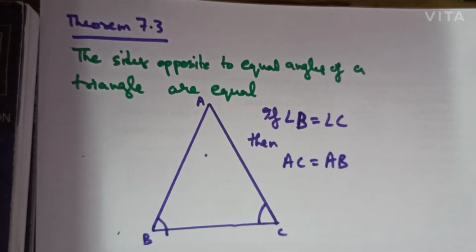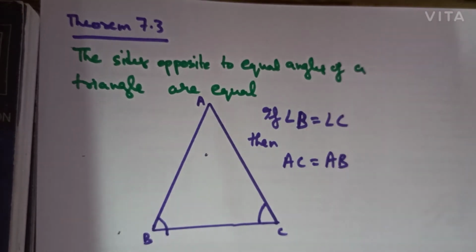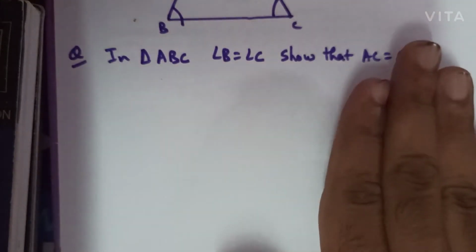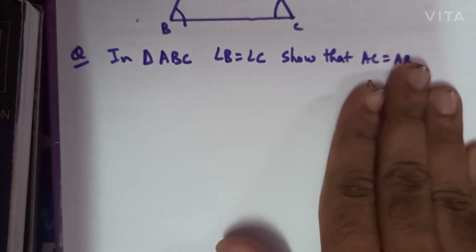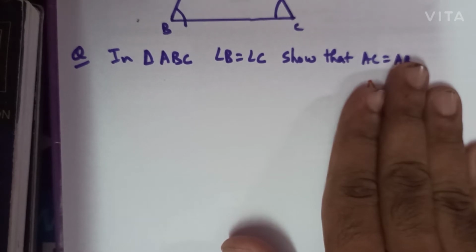Now again, the proof of this theorem is also important. In this question also, we are not given the figure. The question is, in triangle ABC, angle B is equal to angle C. Show that AC equals AB.